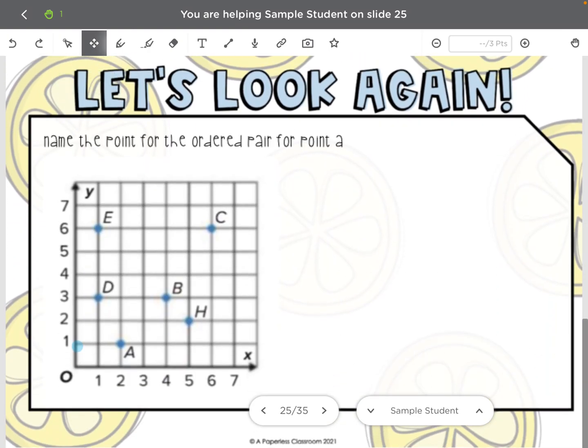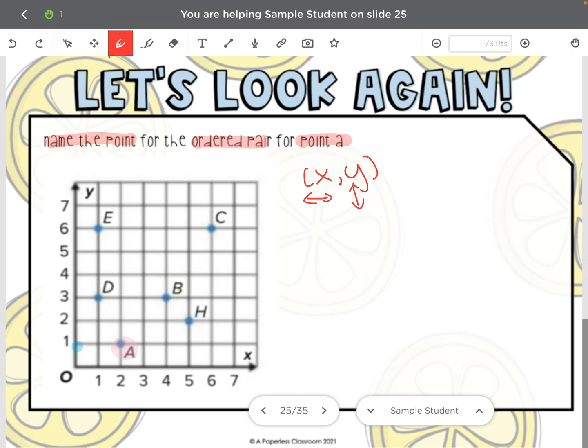Okay, and then the last thing we have here is that it wants us to name the ordered pair for point A. This is what we did with Yashara's house. First we find point A. Here's point A, and I'm going to highlight it so I know. Then it wants me to find the ordered pair, the x and the y. We know x goes side to side, y goes up and down.